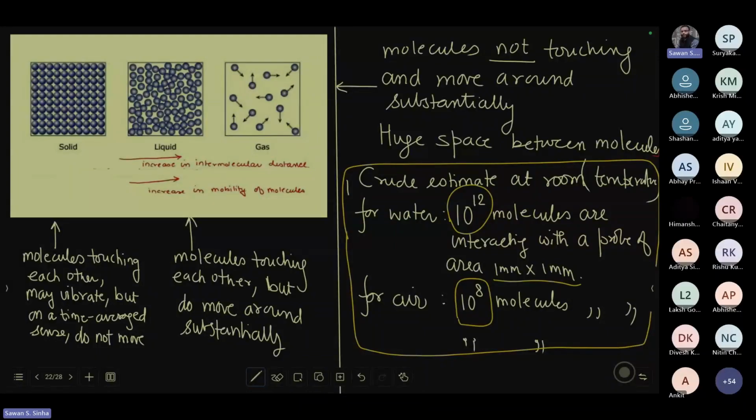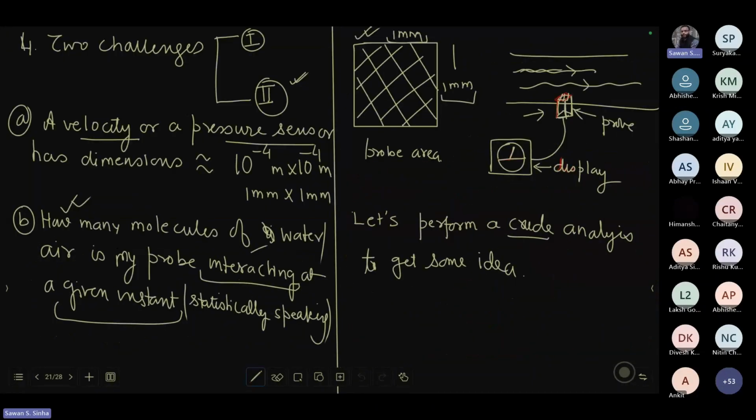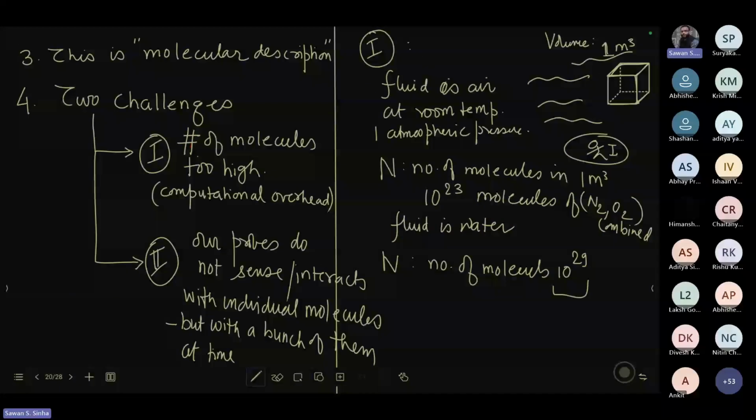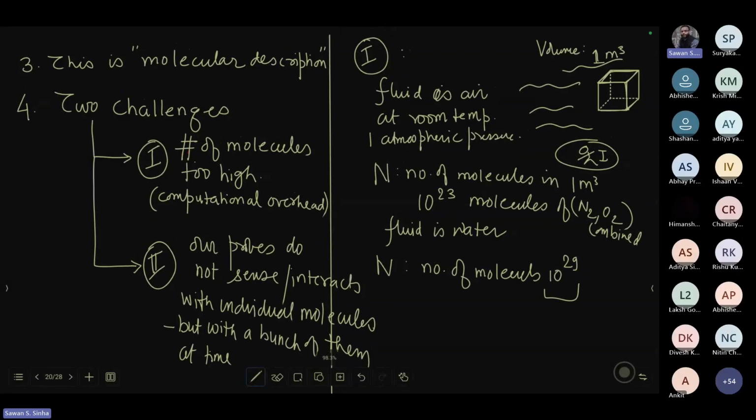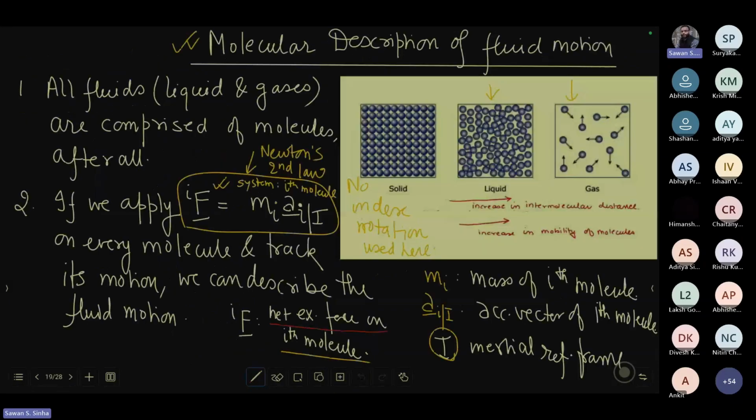Both are very large numbers, right? So our probes cannot sense individual molecules, and that is why it doesn't seem like a very good idea to actually track individual molecules.